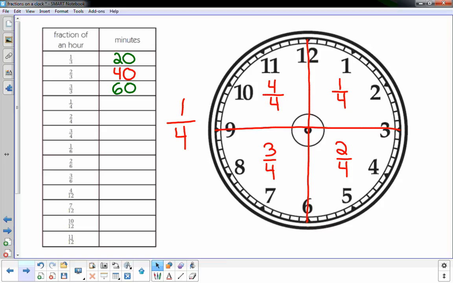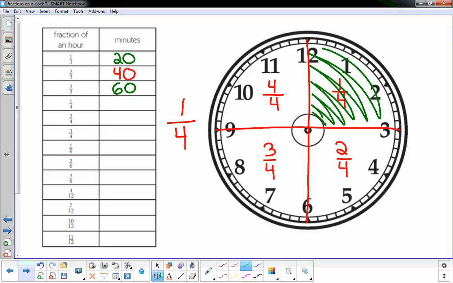1/4 is right here. And that would be 15 minutes. So my answer is 15. It's 15 minutes. 2/4, I would shade another one in.